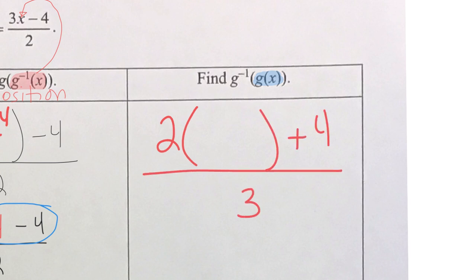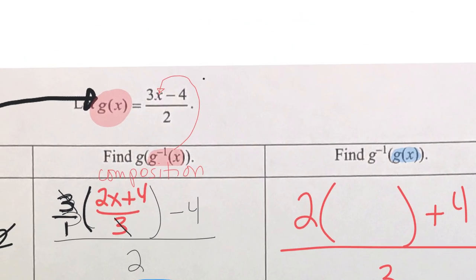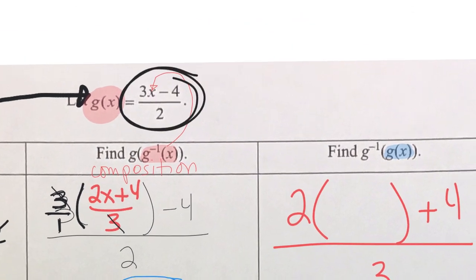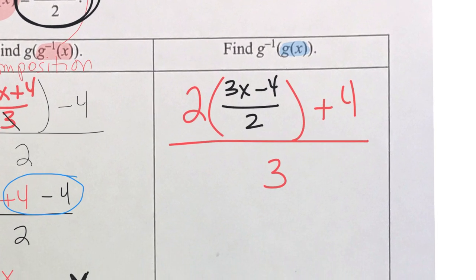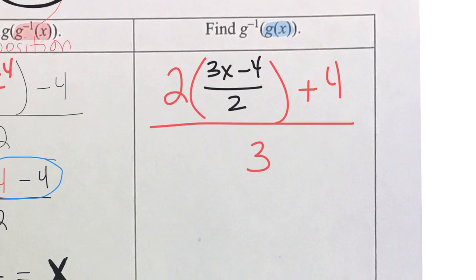I am doing a composition: 2 times, now this is my equation that I am substituting, 3x minus 4 all over 2. So there is my composition: 2 times 3x minus 4 over 2, plus 4, all divided by 3.